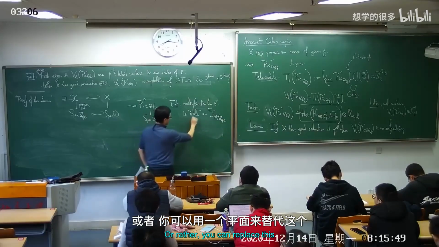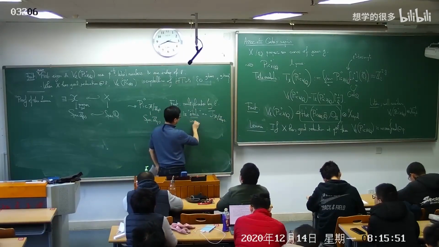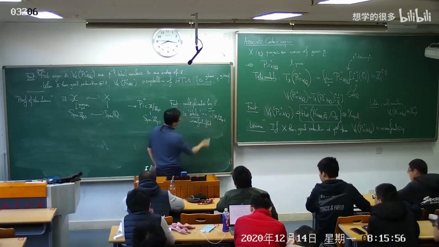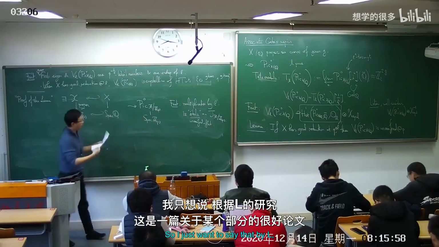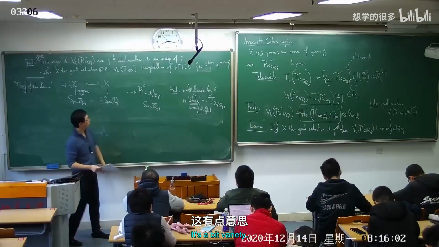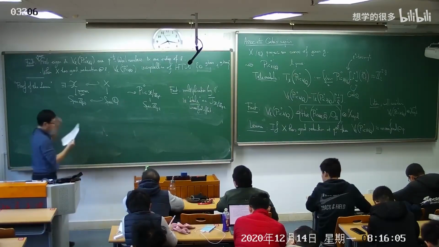Or rather, you can replace this by unramified and flat. So I just want to say that multiplication by L is a very nice operator on this part, that is, it is étale relative to Z_p.